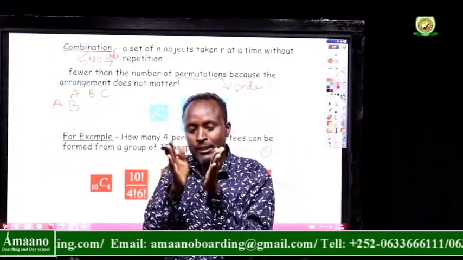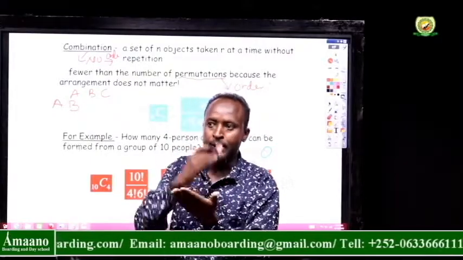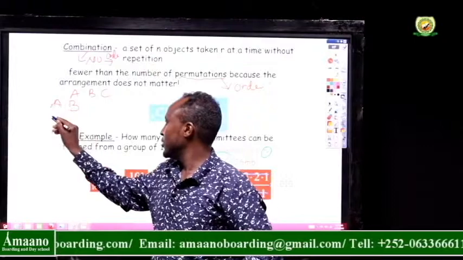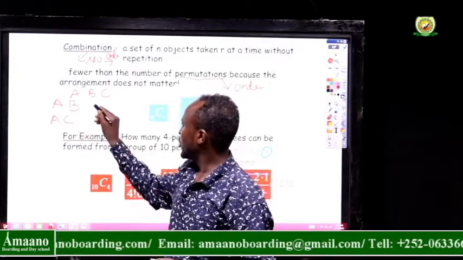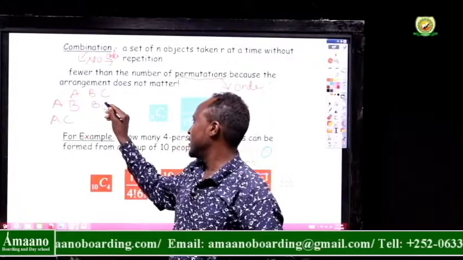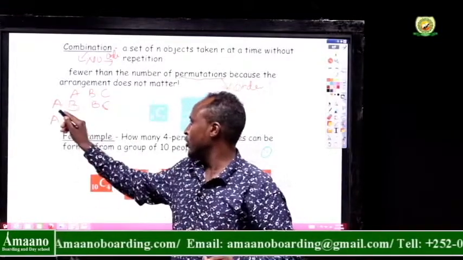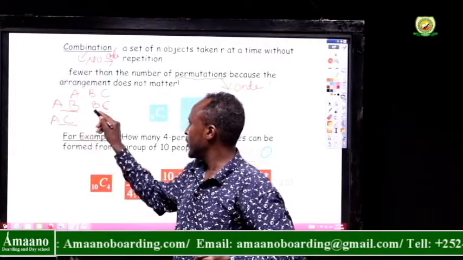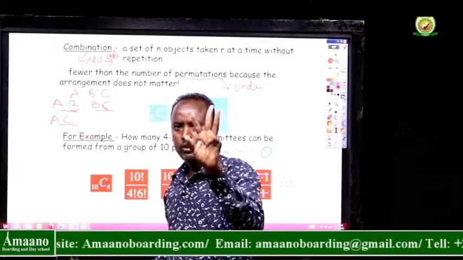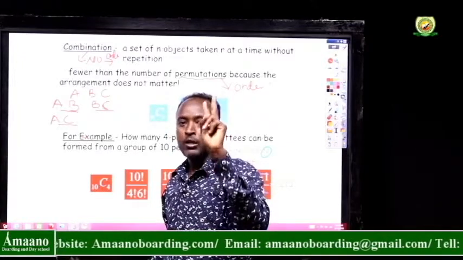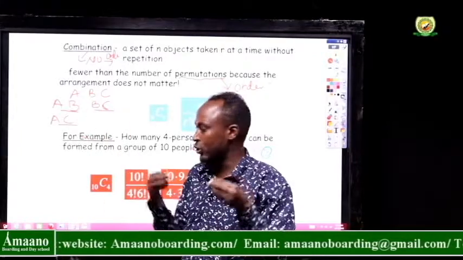No, they are the same committee. A and B, B and A, the same. Therefore, we can use A and C as a committee. Also, we have B and C. We don't want to have CB and CA. Therefore, there are only 3 different committees.